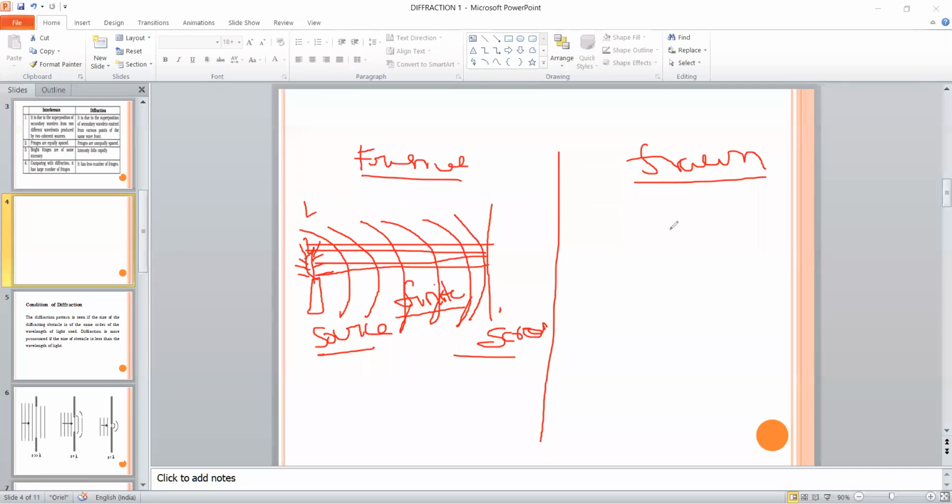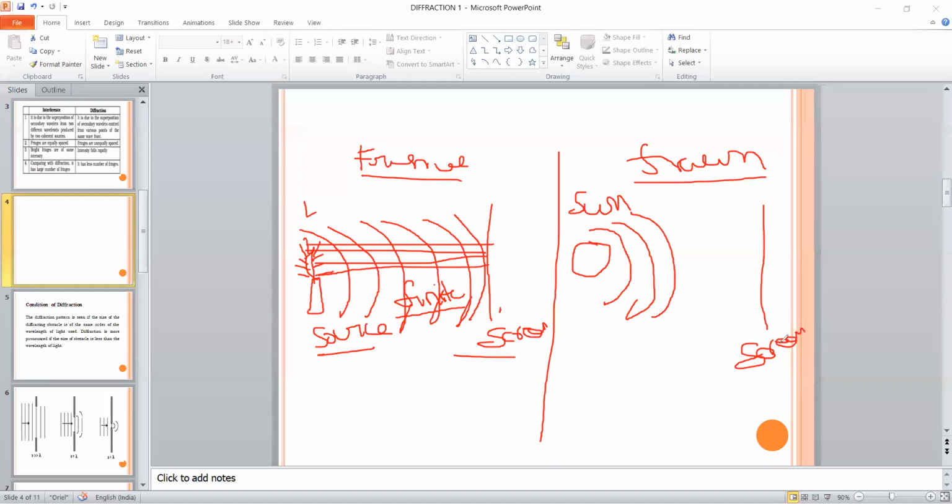Then let's go to Fraunhofer diffraction. In this case, we take the example of the sun. The sun is a light source. Now, these are the wavefronts emitted by the sun. Here, there is a screen on the earth.